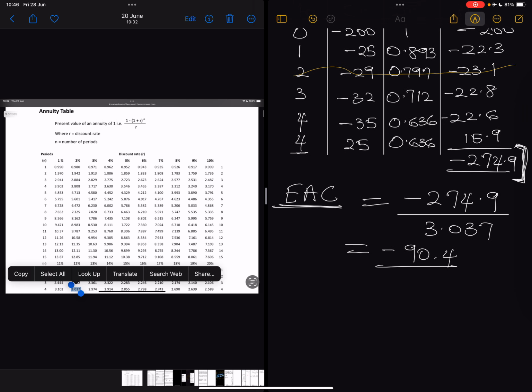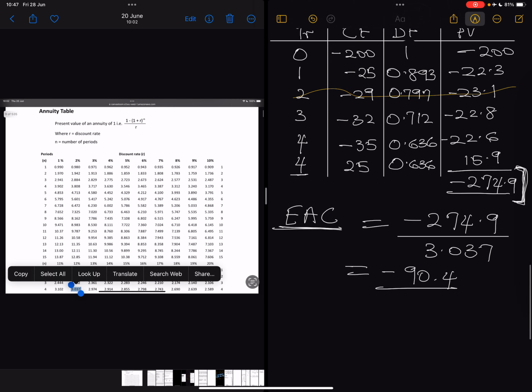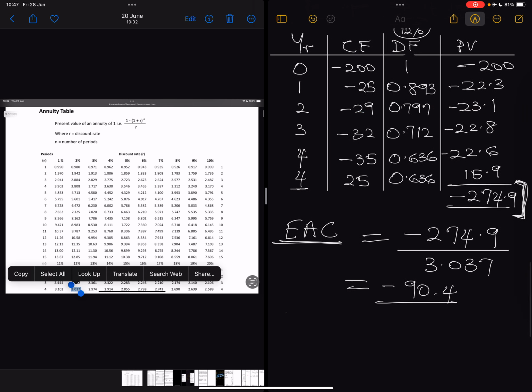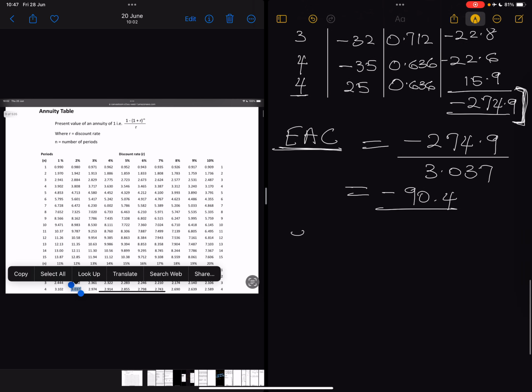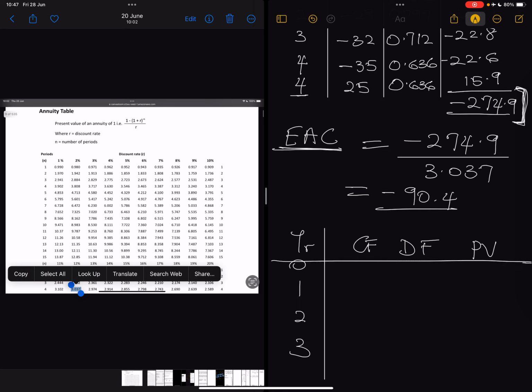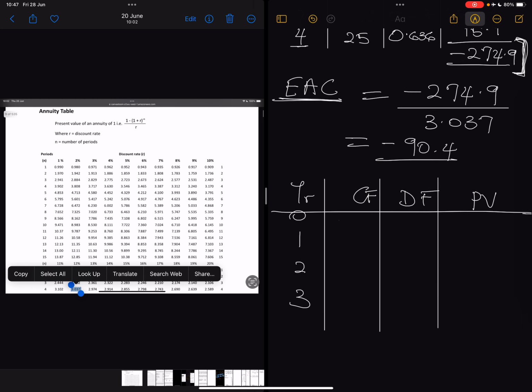Now let's check machine 2 so that we know which one is cheaper. The same format: year, cash flow, discount factor, and the PV. We'll start from year 0, year 1, year 2, and year 3. Year 0, how much is the asset?